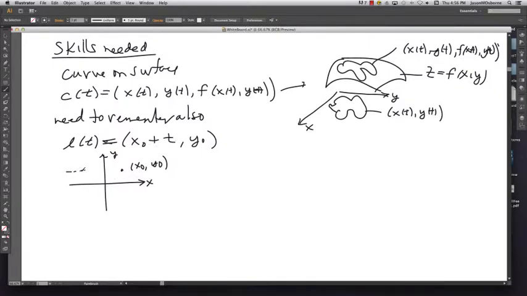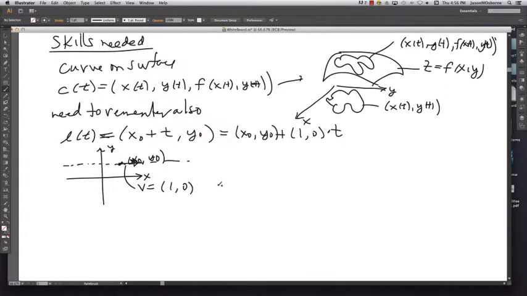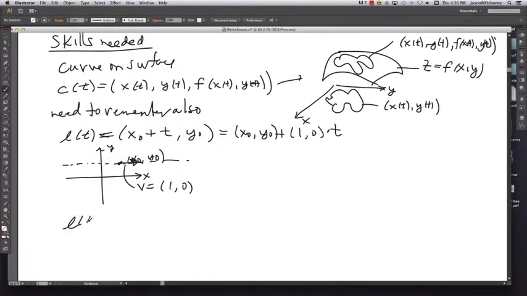It would be a straight line moving in the x direction. The direction vector of this line is going to be 1, 0, because you can do the algebra here: this would be x0, y0 plus 1 comma 0 times t. It's just an equivalent way to write it. There's another curve you could write down, L of t, to be x0 comma y0 plus t.